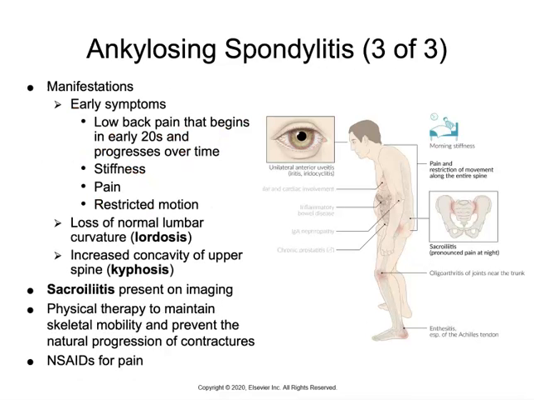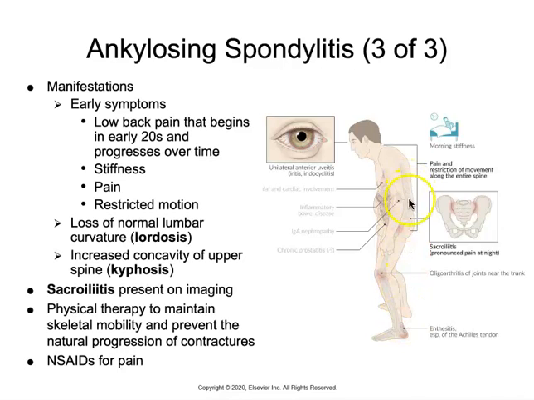So with our clinical manifestations early on, we will start to see low back pain, which typically is worse at night and gets better with exercise, and begins in the early 20s and progresses over time. Typically, we can also see some heel pain as well because of the enthesitis of the Achilles tendon, and we'll also get stiffness and pain and restricted motion that can lead to postural changes.